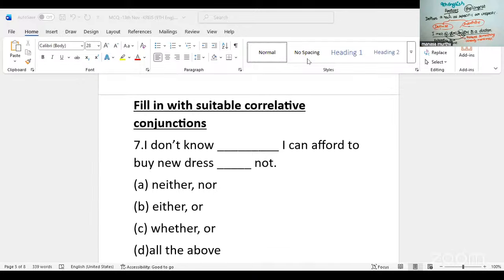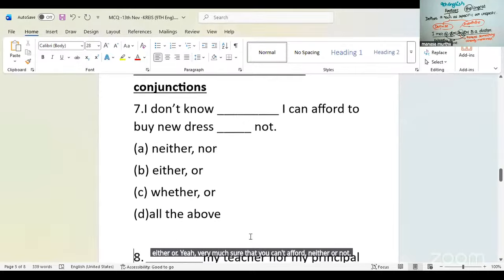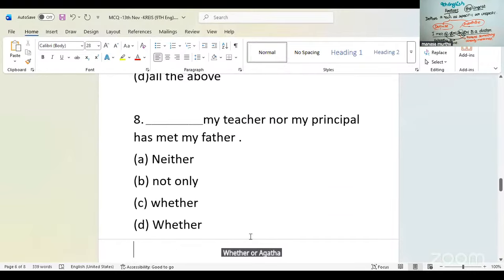You are unsure whether you are capable of buying this dress or not. "Either, or" would mean choosing one of two options. "Neither, nor" would mean you are very sure you can't afford it. "Whether, or": I don't know if it will work out or not. You are unsure of it.